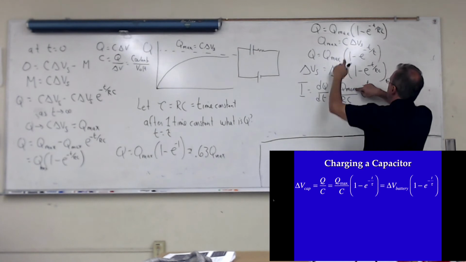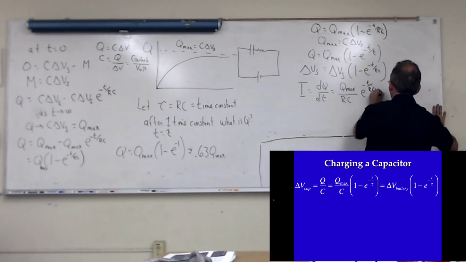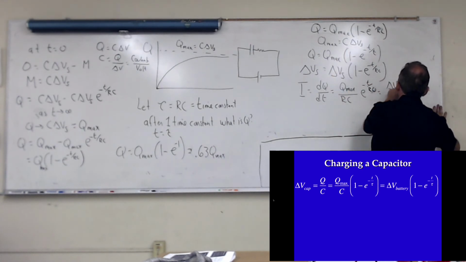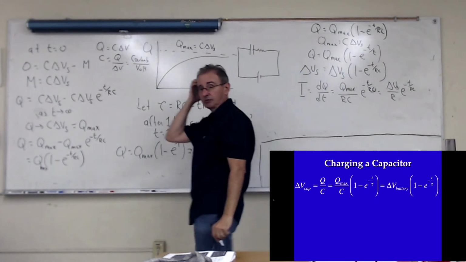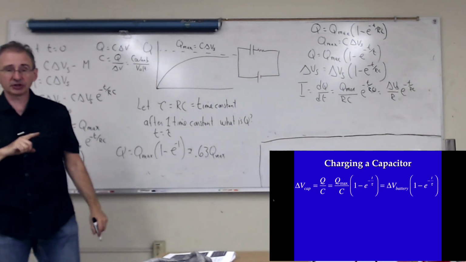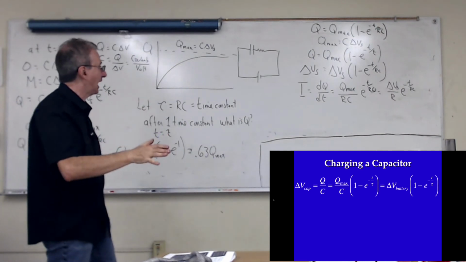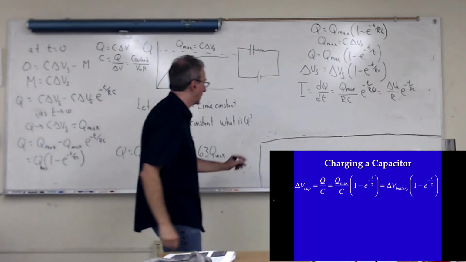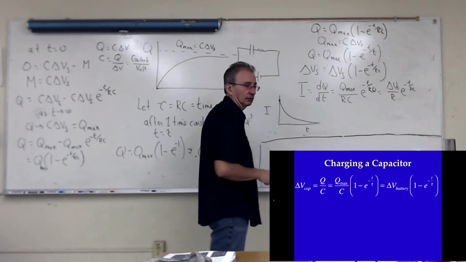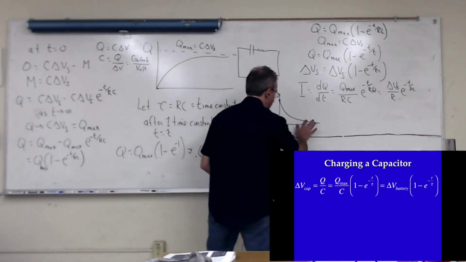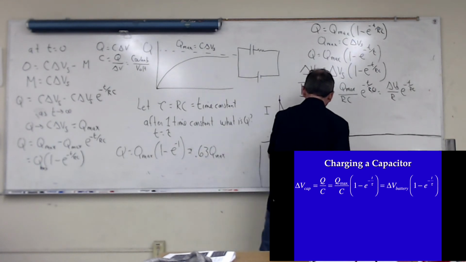Remember, Q max is C delta V sub S. So the current decays exponentially with time. The current's maximum at t equals 0, and after a long time has passed, the current goes to 0. So if you plotted I as a function of time, it looks like that. It decays exponentially. It's not a good exponential.